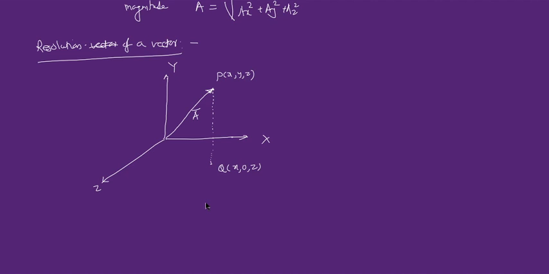This is the same rectangular components that we discussed earlier. Here AX bar, AY bar, and AZ bar are called the resolved components, or resolution components, of vector A bar in three different directions.